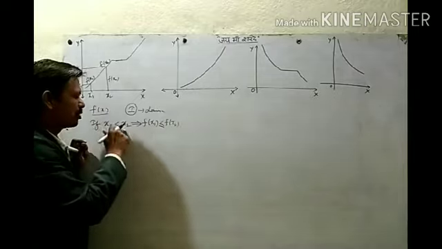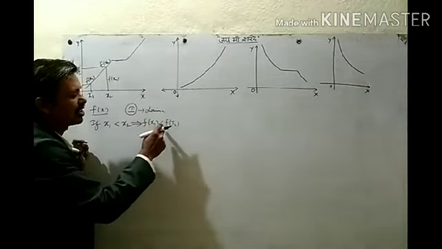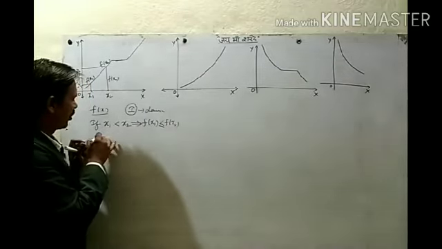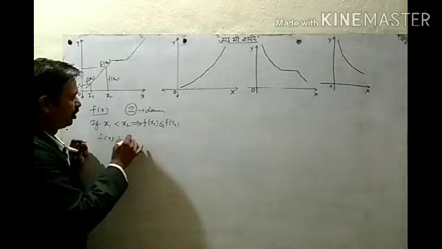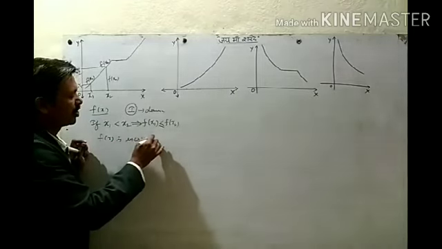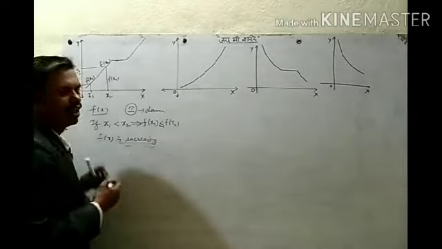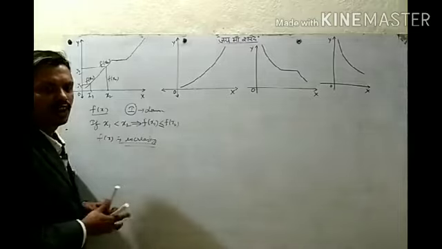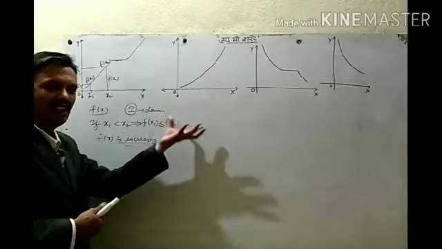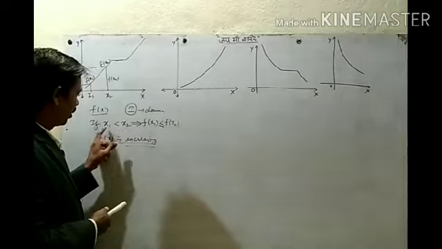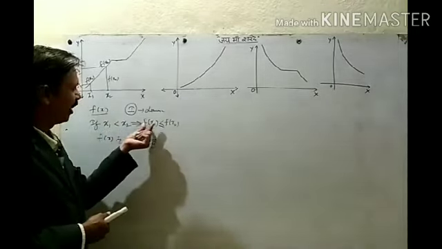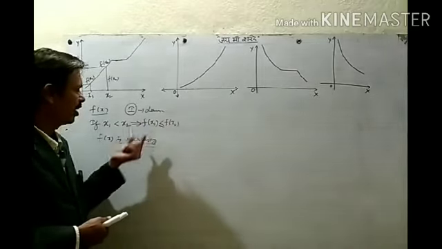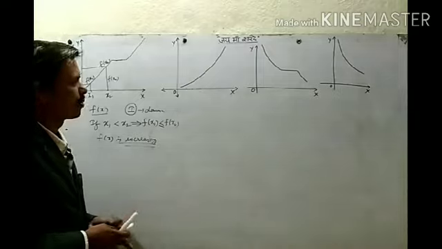So when x1 is less than x2, this implies f of x1 is less than or equal to f of x2, and when this happens, we can say f of x is an increasing function. Check this condition for an increasing function. If one function is given, we take two values in its domain such that x1 is less than x2, and we find the values of the function at those points. If we get f of x1 less than or equal to f of x2, then we can say the function is increasing.